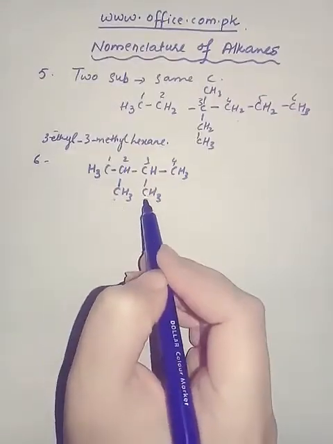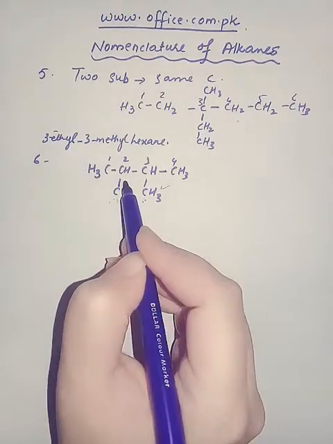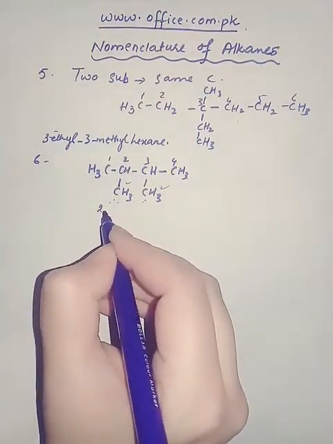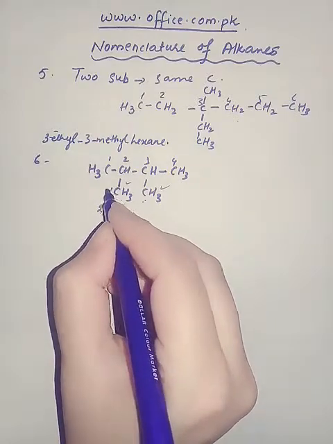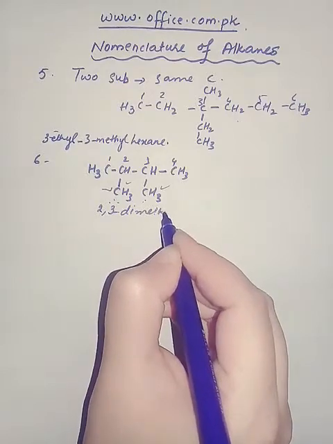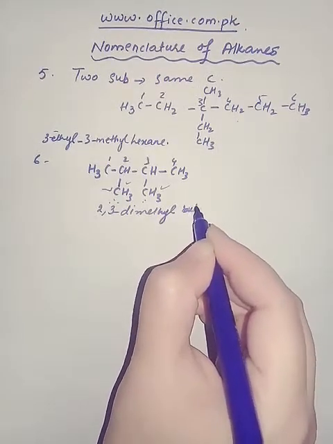Now two identical groups, methyl groups, are present on carbon number 2 and 3. So it will be 2, 3. Since we have 2, so it will be dimethyl butane.